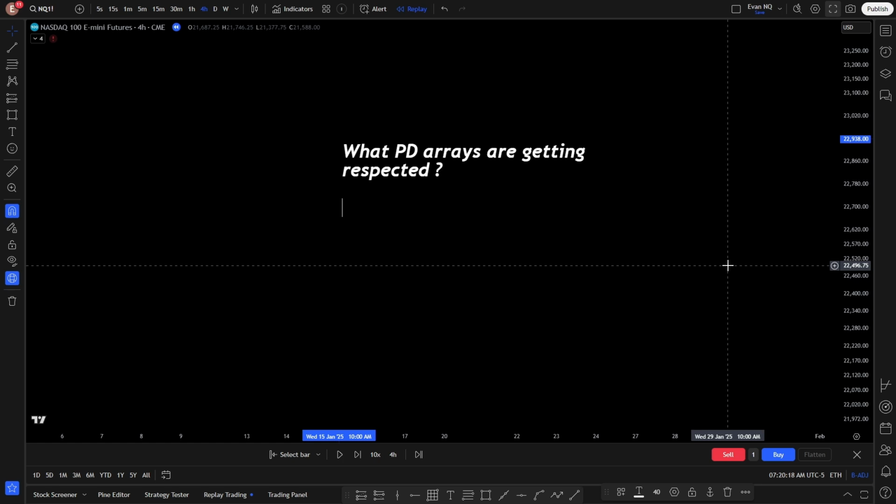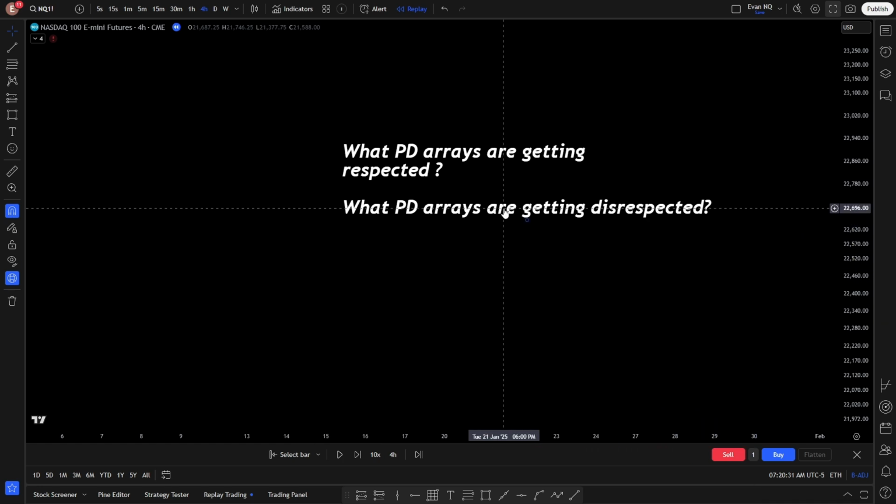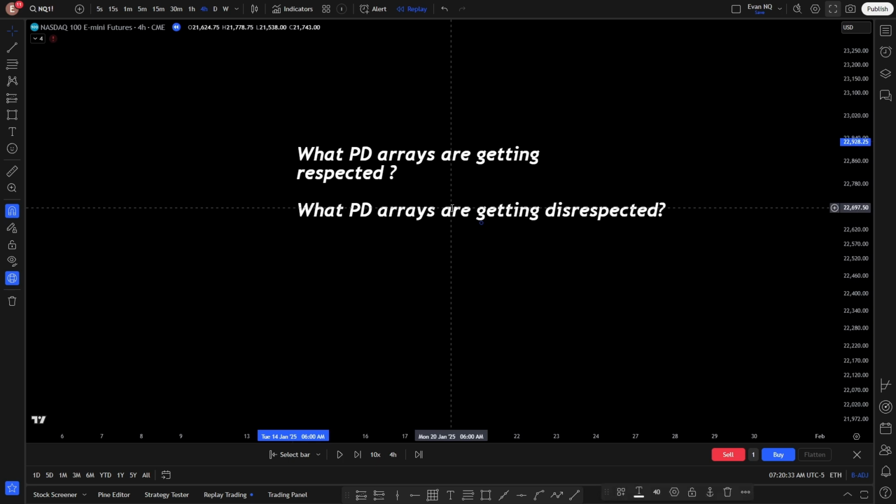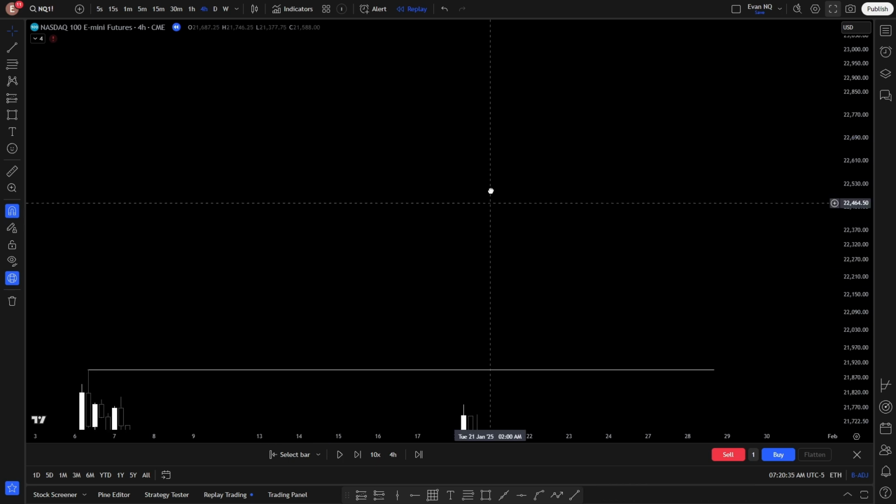And also ask yourself, what PD arrays are getting disrespected? These are crucial questions you must ask yourself, because they will tell you the true story of order flow and where price wants to go.